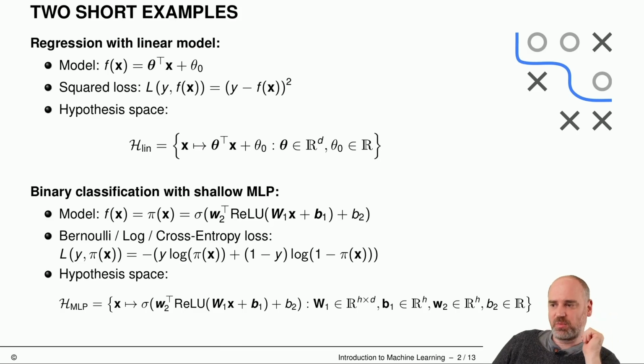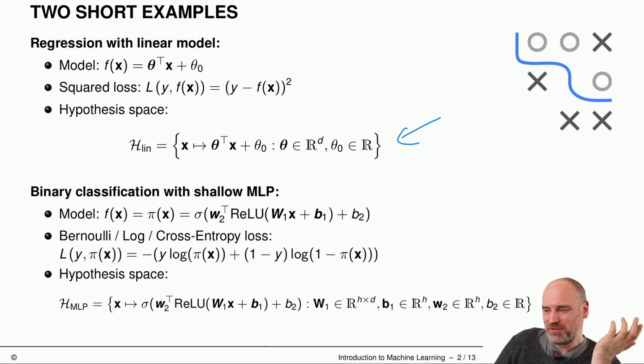Here are two examples to make this a little bit more concrete. Very simple example. Maybe we are looking at a linear model. Then our hypothesis space is the set of all these linear functions, maybe with p features, because our input space is p-dimensional, and there's an intercept here, and maybe our loss function to optimize this is usually going to be squared loss.